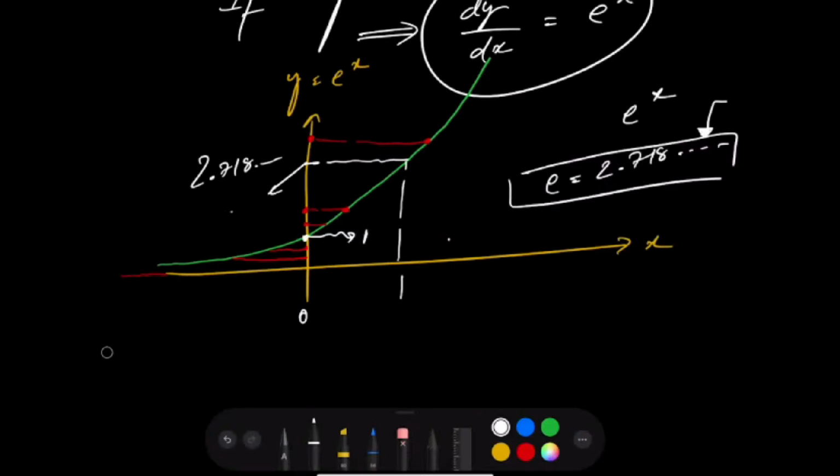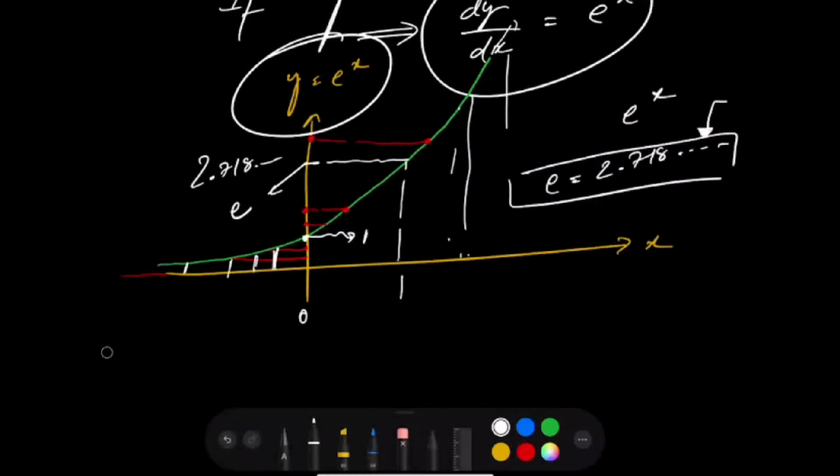So here the value will be e, at 2 it will be e square, at 3 it will be e cube, at half it will be root of e, and so on and so forth. At minus 1 it will be 1 by e, at minus 2 it will be 1 by e square, at minus 3 it will be 1 by e cube. So the graph is something like this. This is the graph of e power x.